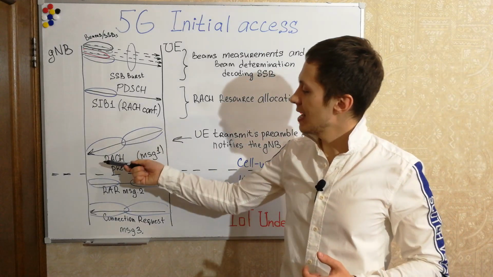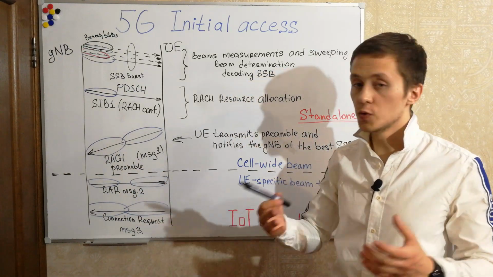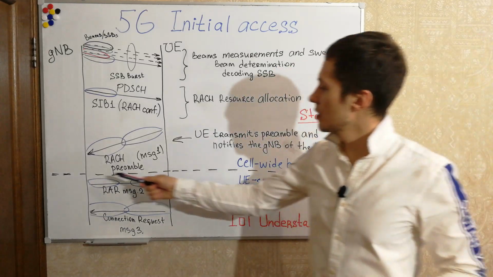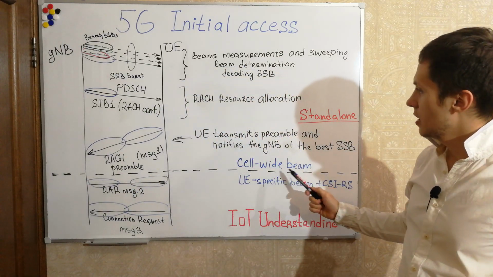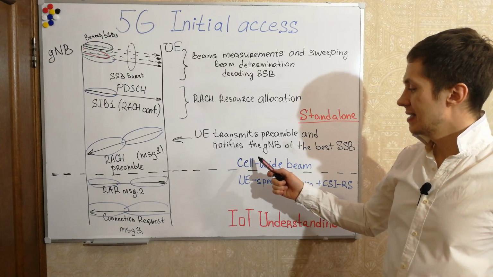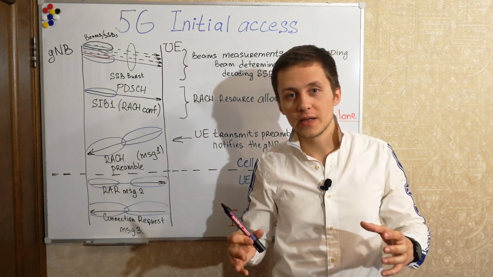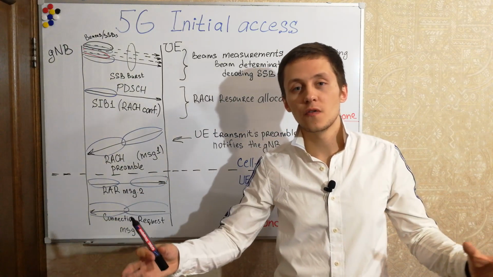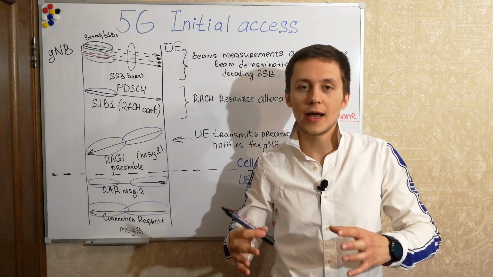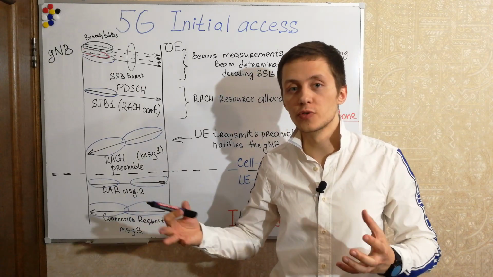So UE sends message 1, random access preamble, towards gNB, trying to synchronize and establish connection. And up until this point, it was actually a cell-wide beam. So the beam was much wider. It was a kind of common beam for many possible users, to cover as many locations with potential users as possible.